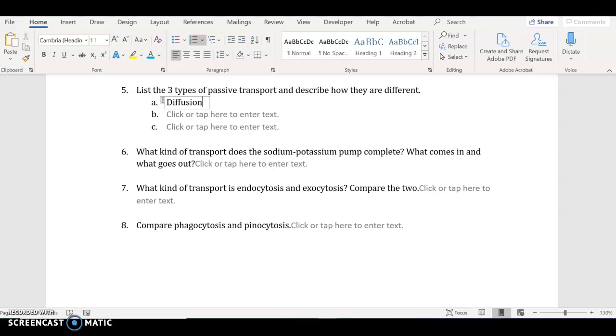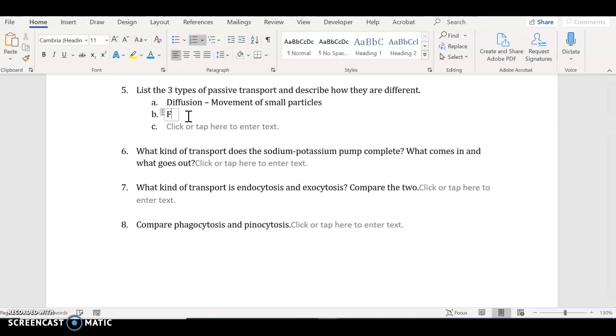They're all no energy. The difference is this is the movement of small particles, things like oxygen and carbon dioxide. Then we have facilitated diffusion, which is still diffusion, so still high to low, no energy, but this is movement of large molecules, all right, sometimes charged molecules.